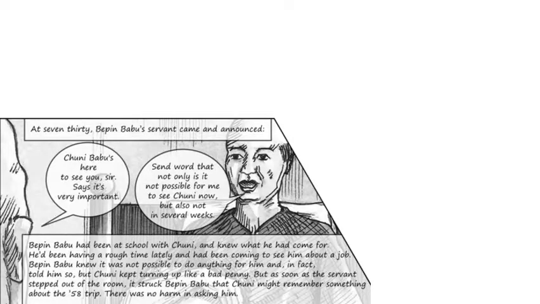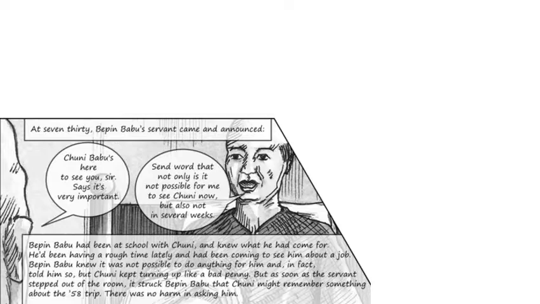At 7:30, Bipin Babu's servant came and announced, "Chunni Babu, sir, says it is very important." Bipin Babu knew that Chunni Lal had come. He had been at school with him. He had been having a rough time lately and had been coming to see him about a job.